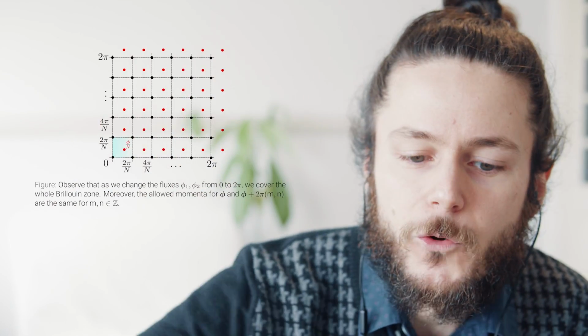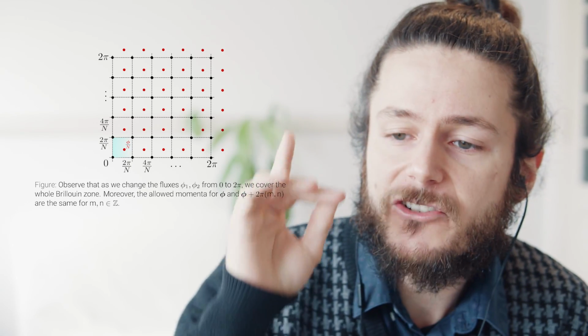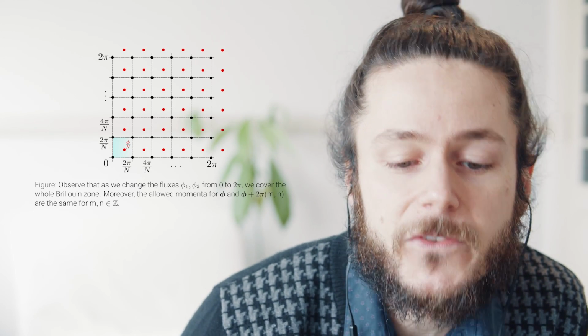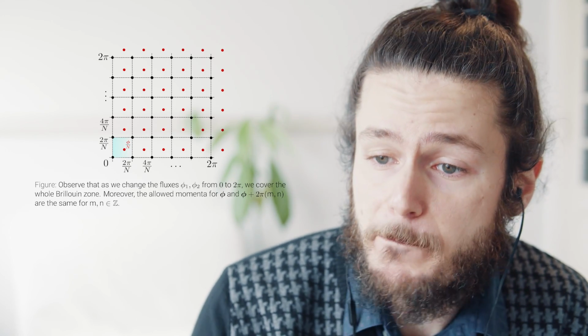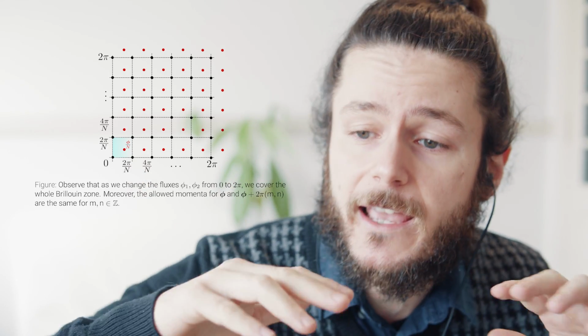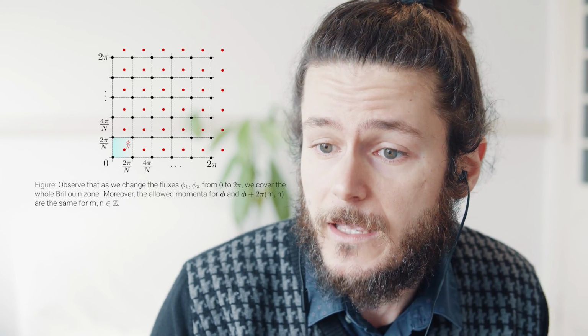I recover the full Brillouin zone. And moreover, if I change the flux by 2 pi times an element of Z^2, I recover the same points, and therefore the system has gone back to itself. So the theory is actually the same. Okay.